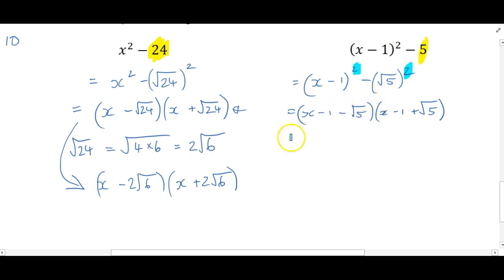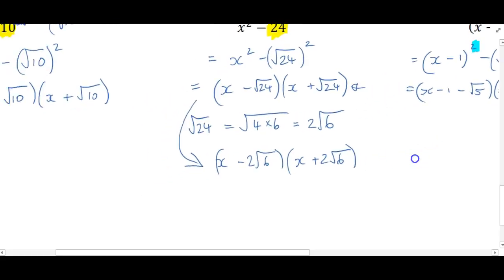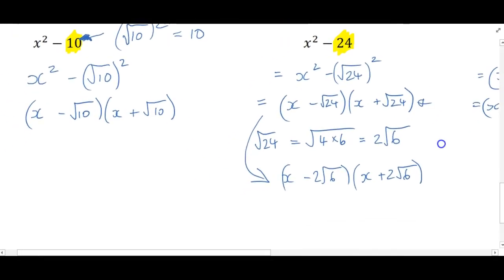This is as simple as it goes, so that's the answer to that problem. We do a lot of this in this unit, so even though it's tricky to get used to, with a lot of numbers and square roots, you really need to practise these.